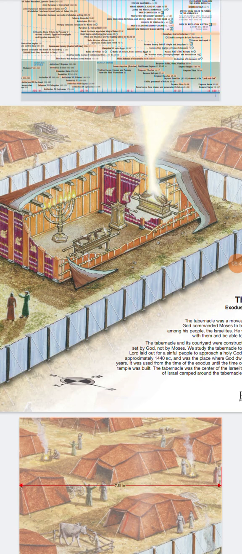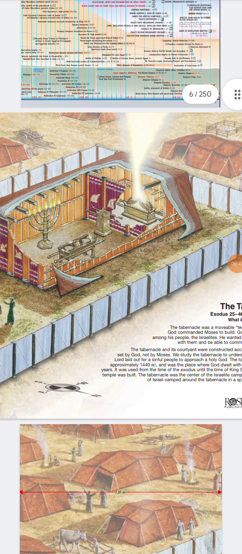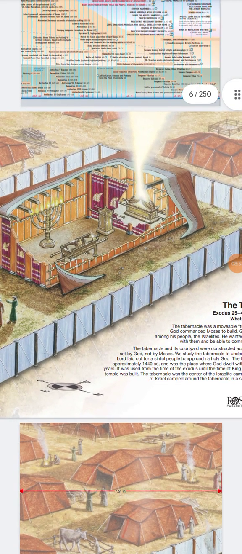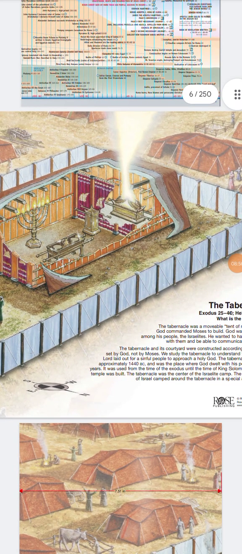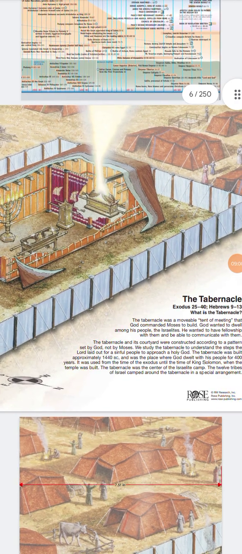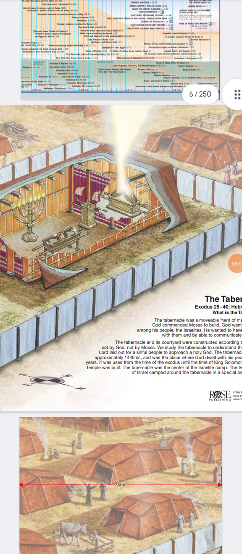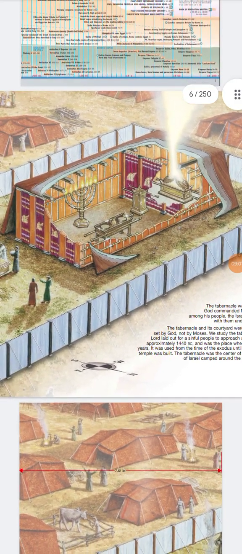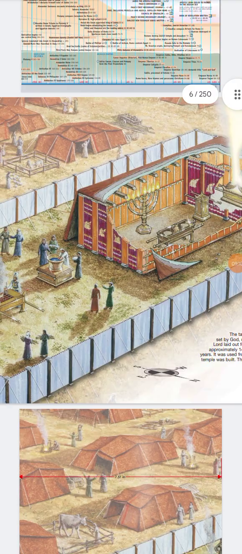Which is the Ark of the Covenant. And outside of the Ark of the Covenant, you got on the side the showbread. You got the menorah that's lit up, which the menorah didn't have candles in it. It had branches, real branches in it, burning the menorah that you see right here inside the temple.